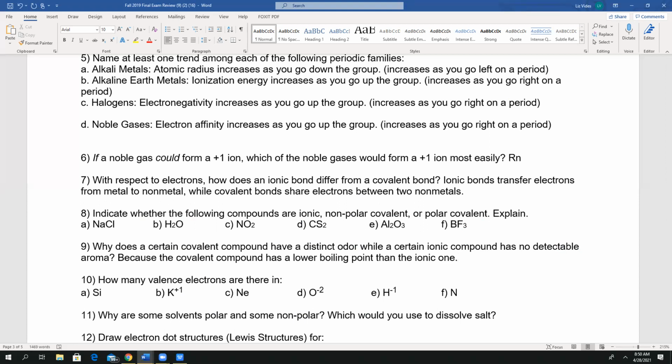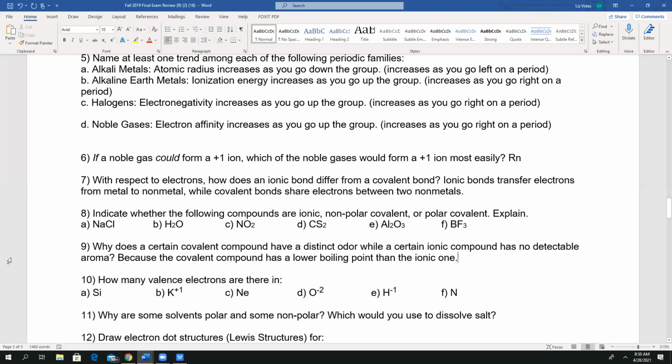Covalent compounds have lower boiling points than ionic compounds, okay? And that's why you can smell alcohol so quickly. Alcohol is covalent, but you cannot smell salt, because it is ionic.